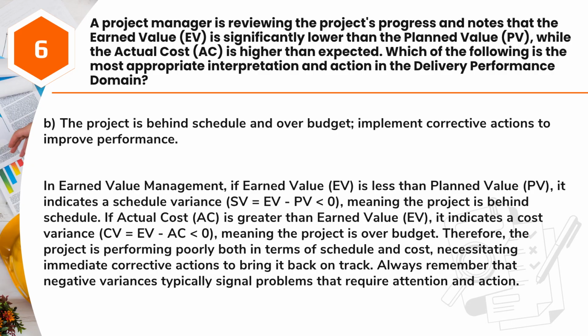If actual cost, AC, is greater than earned value, EV, it indicates a cost variance, CV equals EV minus AC, less than 0, meaning the project is over budget. Therefore, the project is performing poorly both in terms of schedule and cost, necessitating immediate corrective actions to bring it back on track. Always remember that negative variances typically signal problems that require attention and action.